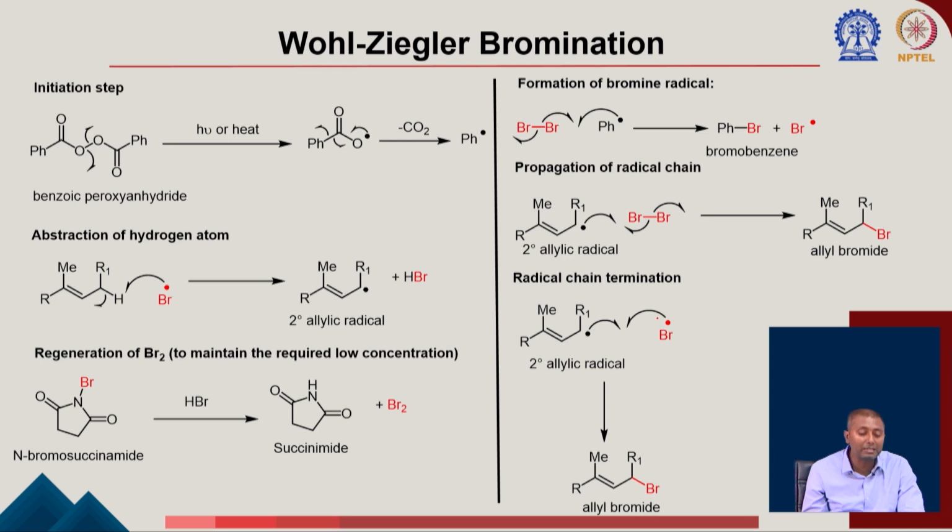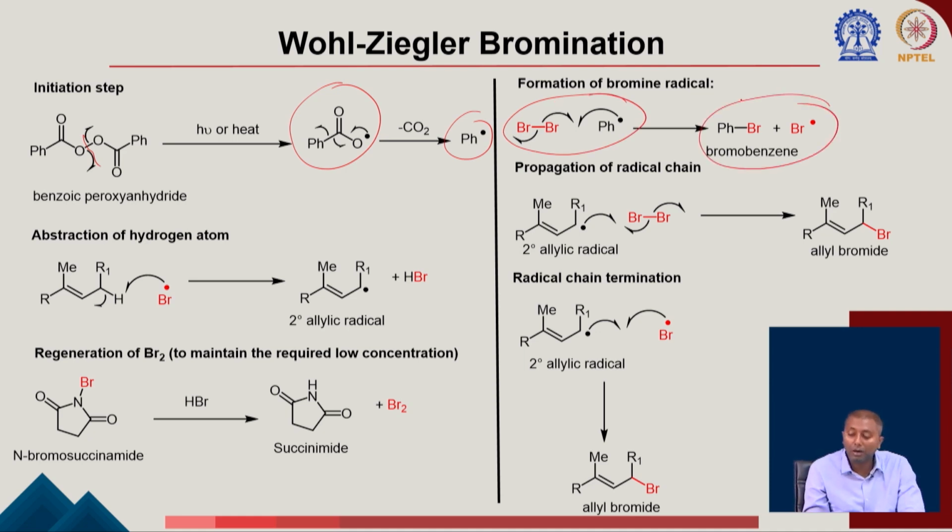So I think the first thing is you have to use an initiator. That means if you have this benzoyl peroxide, what is going to happen? This peroxide is going to cleave, and then it's going to form this species. As I said, once you form this species, you can generate this Ph dot here. And at the same time, the Ph dot can interact with this Br2 to form this Br dot.